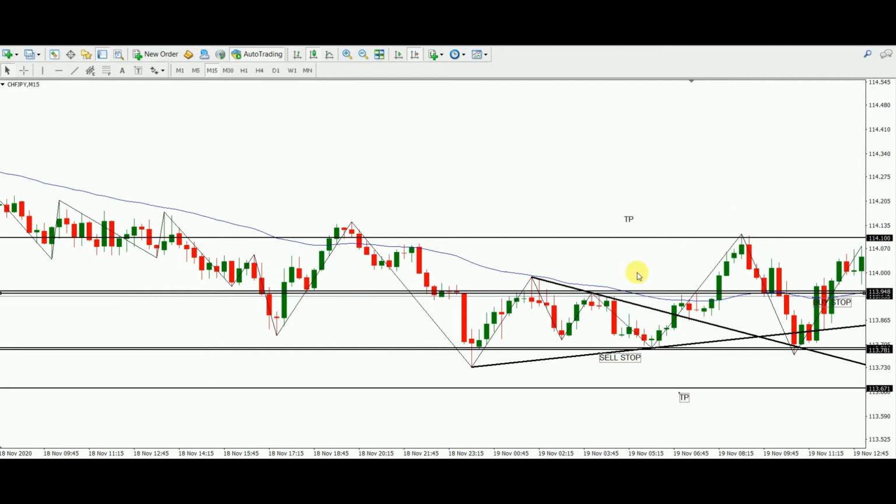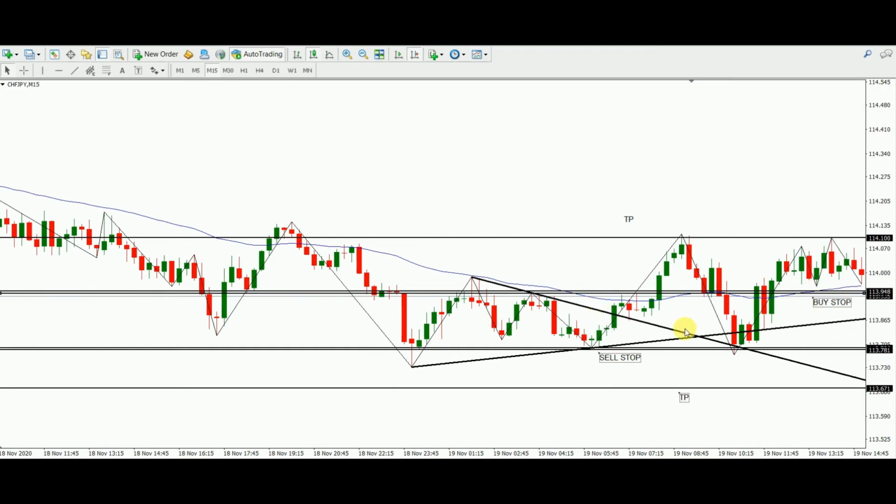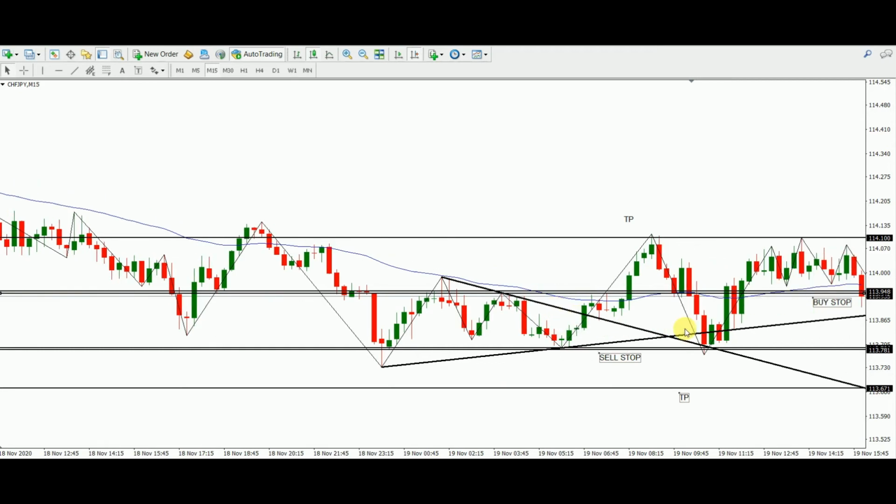Okay, so your buy stop was hit. It was triggered here, and it touches your take profit.